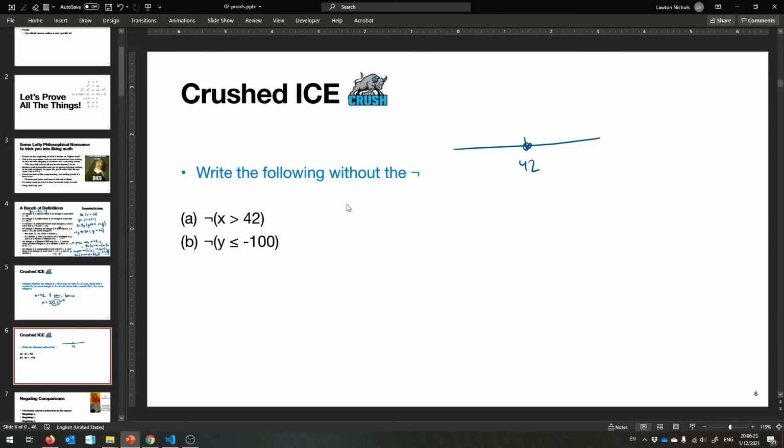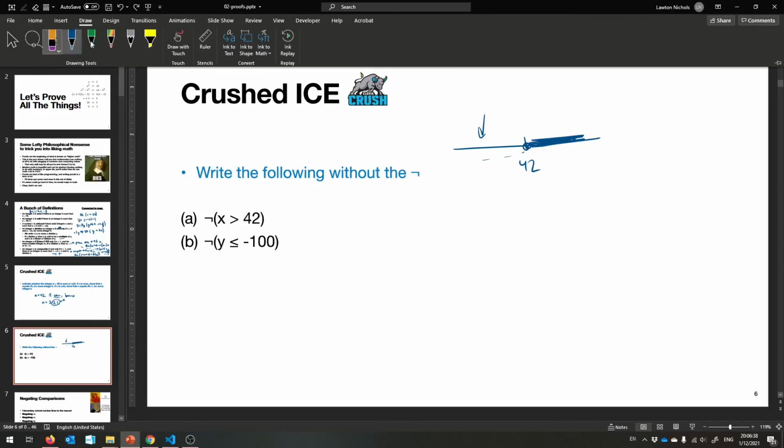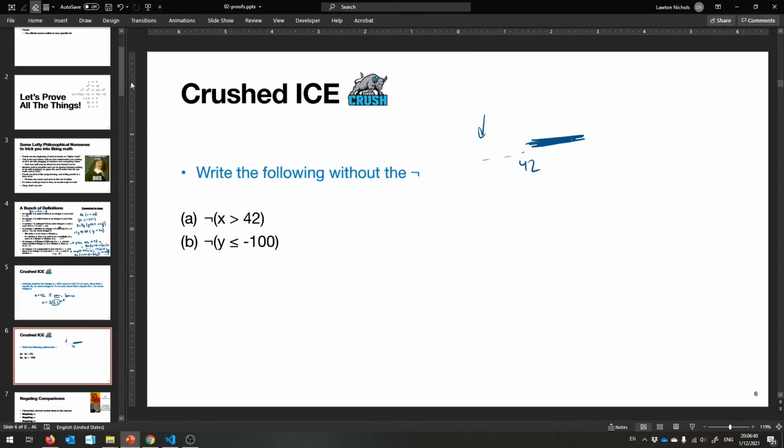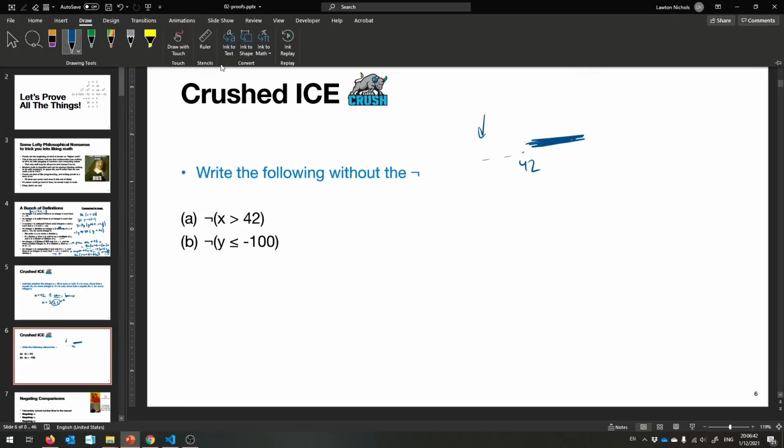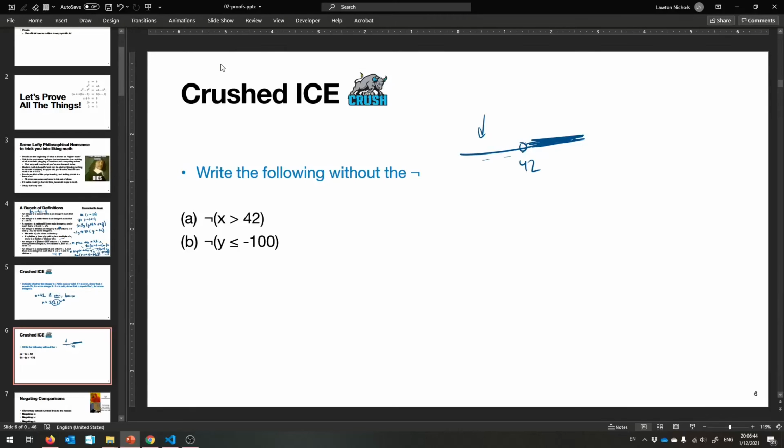So here are all the numbers greater than 42, on that way, including 42. So we're saying it's all the ones over here. So it's all the ones strictly less than 42. Or less than or equal to, my bad. Strictly greater than 42, not equal to it, my bad. I draw a little dot like that. So it's x less than or equal to 42. Just use the number line. All right, now try B.